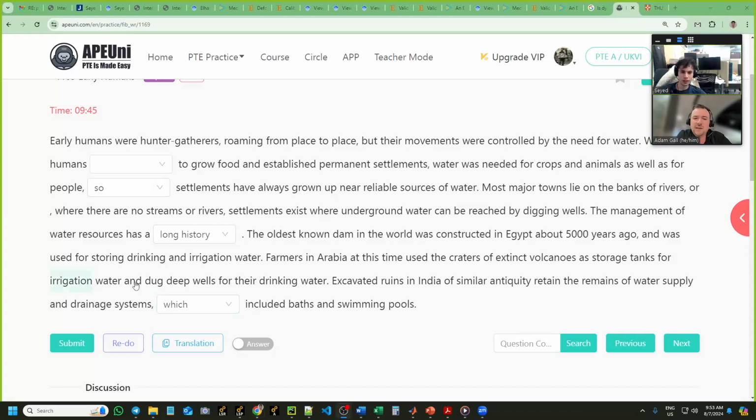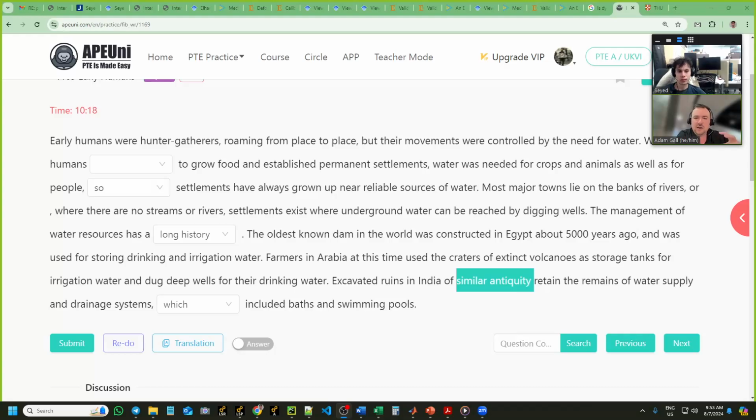Can you explain this sentence completely? Similar antiquity means of the same old age, like the same ancient age. They're from the same period in history. Is antiquity an adjective? So in this case, it's an adjective and it means of a similar age, but with the implication of a long duration.